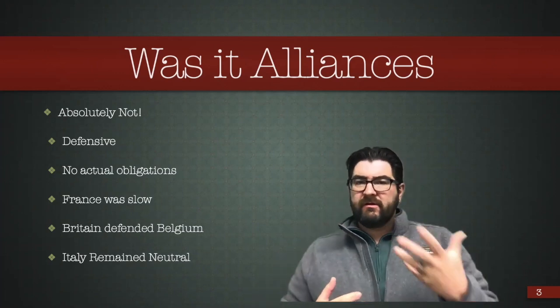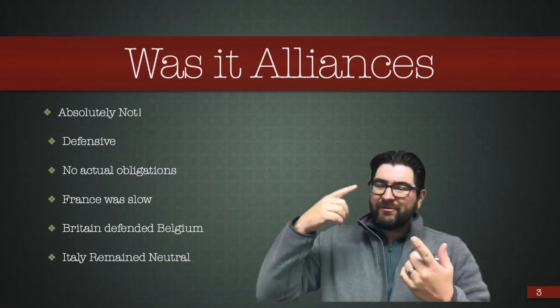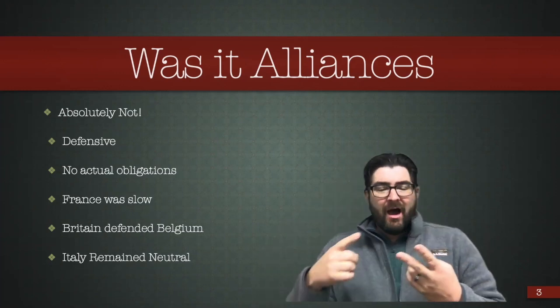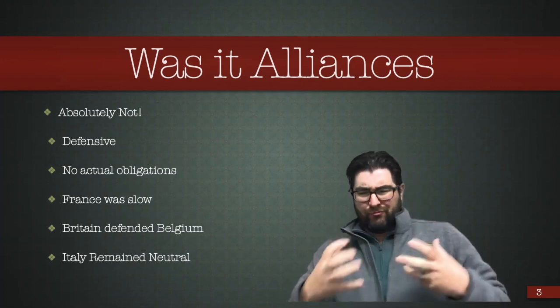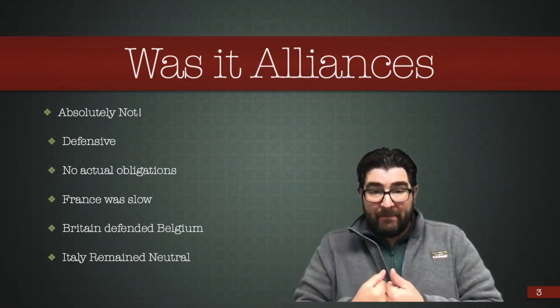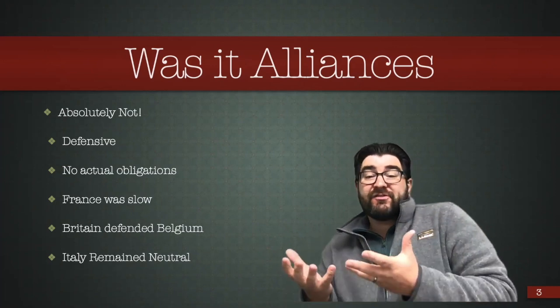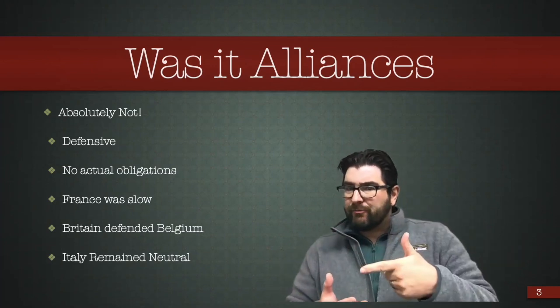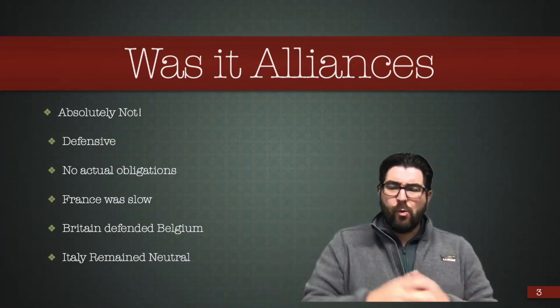And some historians might argue, no, absolutely not. The alliances were merely defensive. No one actually had actual obligations, like Russia didn't have to step up and defend Serbia. Maybe we talked about how France was slow, even though they had an alliance with Russia. They still waited a couple days before they ultimately declared war on Germany.